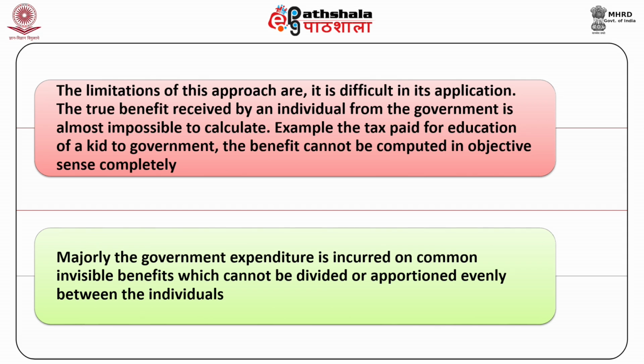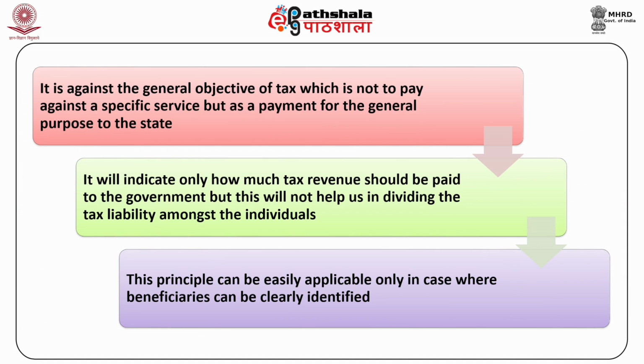Second, the government expenditure is mostly incurred on common invisible benefits which cannot be divided or apportioned equally between individuals. Third, it is against the general objective of tax, which is not to pay against a specific service but as a payment for the general purpose to the state.